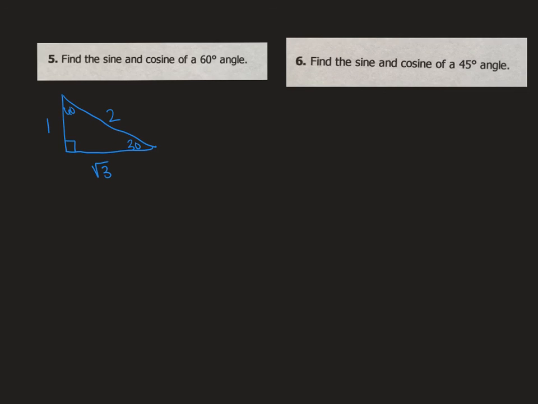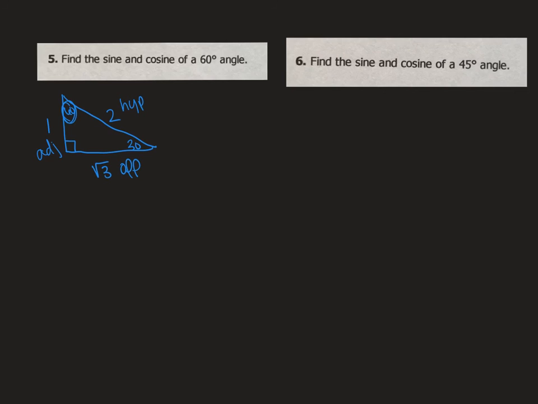So from that 60-degree angle, which is up here in my picture, 2 is our hypotenuse, 1 is our short leg, which is also the adjacent side to that 60-degree angle, and square root 3 is the long leg, which is also the opposite side of that right triangle.